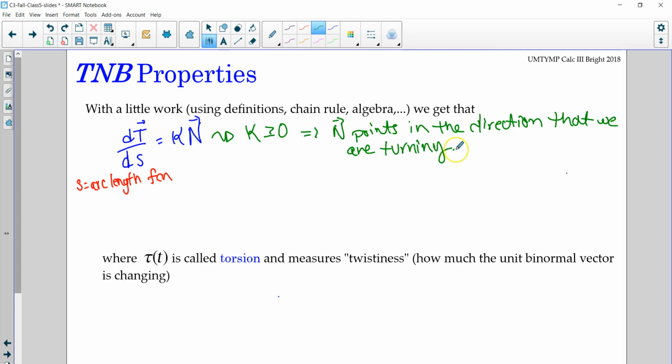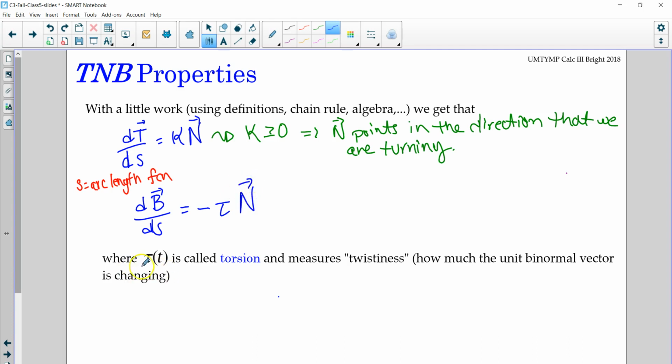The second very nice property that we get is that if I look at the derivative of the unit binormal vector with respect to that arc length function, then that is negative tau, I'll explain what that is, times the normal vector.